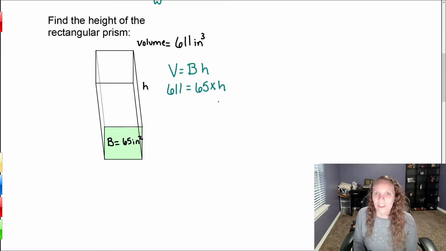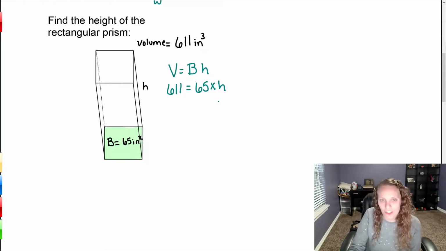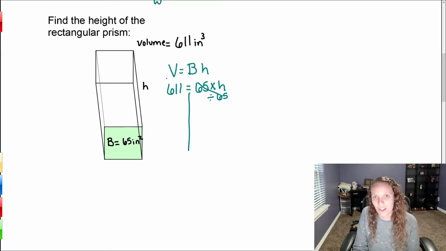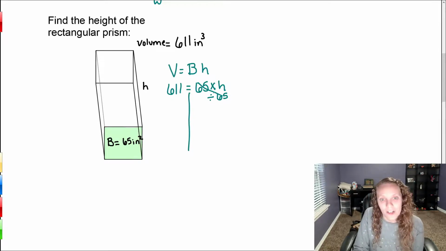Now we need to work this backwards to figure out what H equals. 65 times something equals 611. So to work it backwards and to get H by itself, all we're going to do is divide by 65 because that's the number that we want to get rid of. It's a lot like solving an equation like we've done not too long ago. Whatever you do to one side, we have to do to the other.